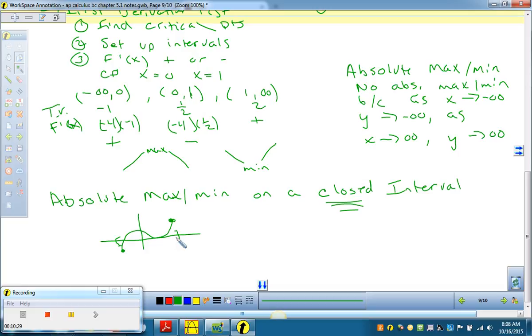So, to find absolute maxes or mins, you still find your critical points. And then essentially all we need to do is look at the y values at each of these critical points and endpoints to find the highest of all of them and the lowest of all of them.